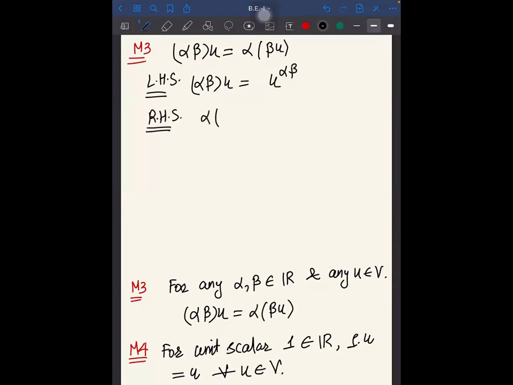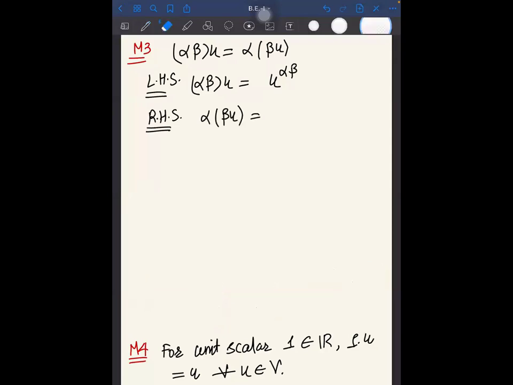So how should we do this? Beta times u is u raised to power beta, then alpha times that is u to the power beta, raised to power alpha. So this becomes u to the power alpha beta.